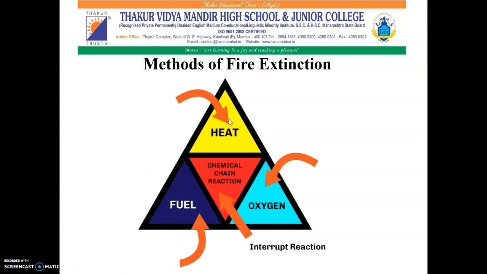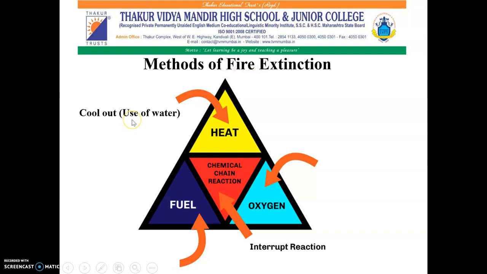We have to stop the supply of any of these three components in order to put off fire. So, according to this, there are three main methods to stop the spread of fire or to control the fire. The very first method is cool out, that is the use of water.